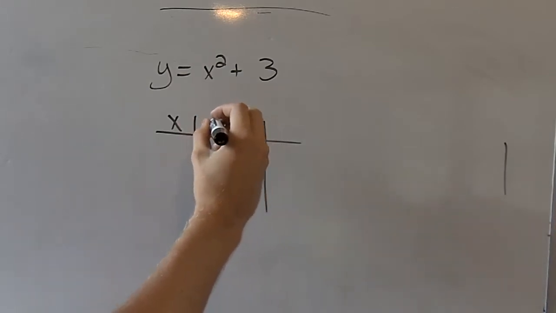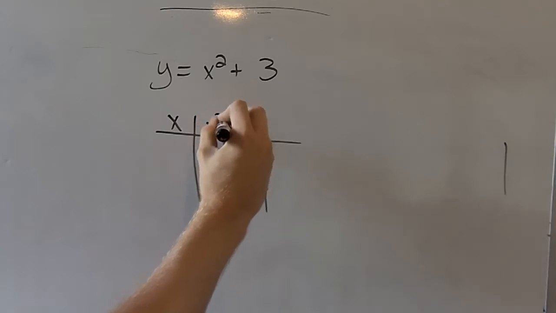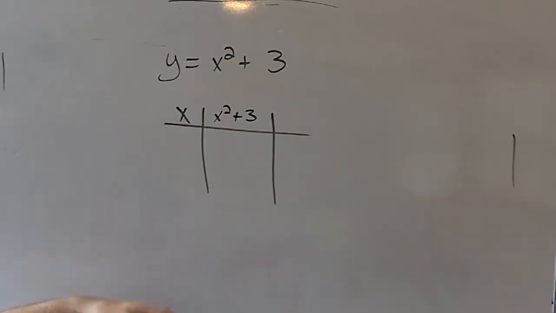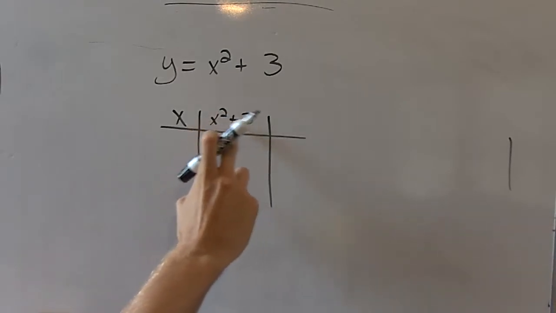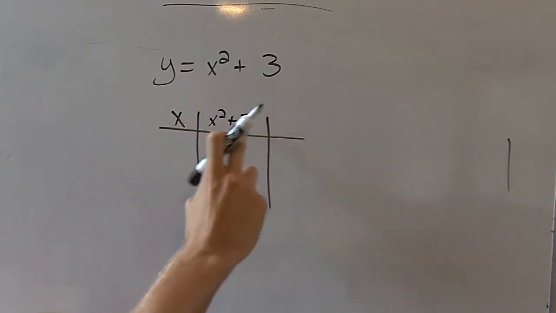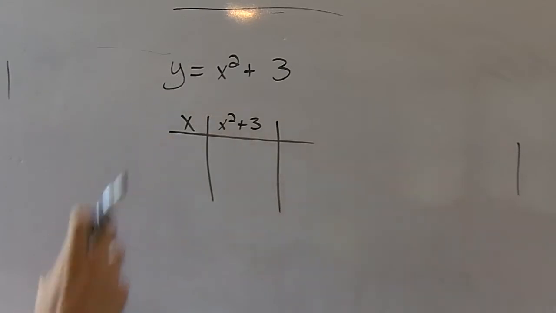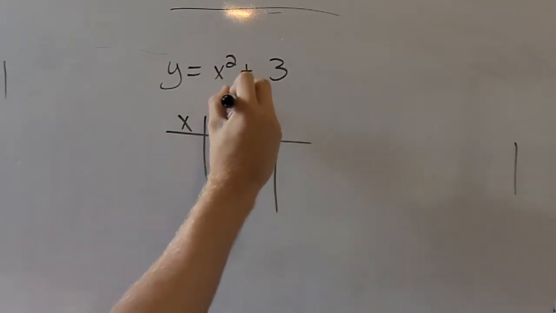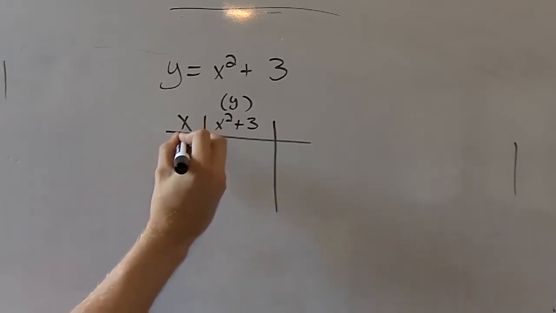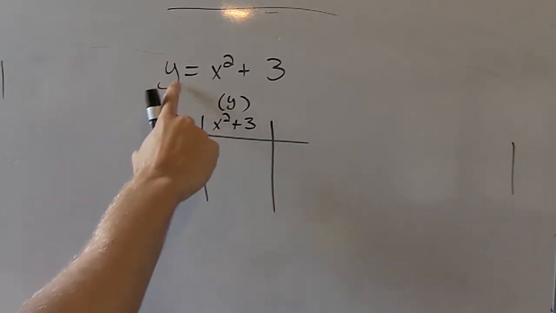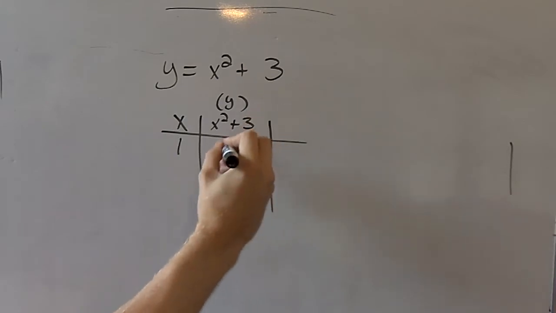Over here, I'm going to write x squared plus 3. The reason I write this is because when I solve it, that gets me my y value. If x is 1, for example, then y is 1 squared plus 3, which is 4.